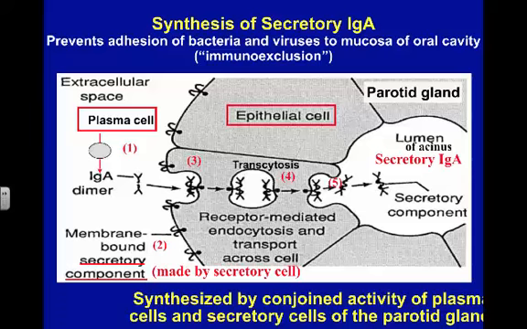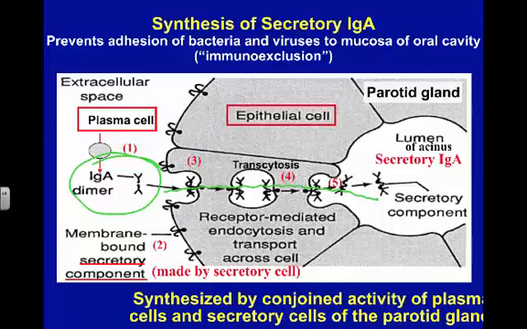So it goes from the lumen, crosses, and is secreted in the oral cavity. So it's the primary antibody in the oral cavity, and it's more important than just meeting foreign antigens, okay?